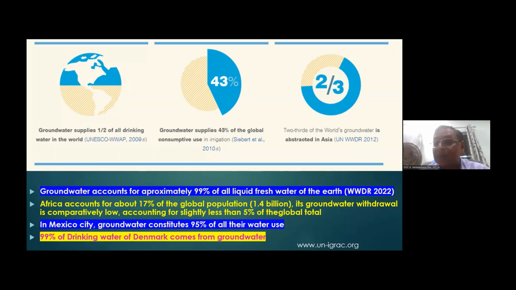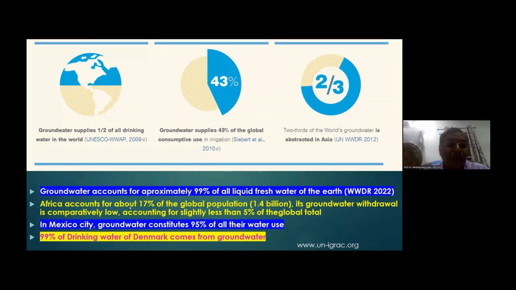This is according to the World Water Development Report 2022. Because most of the surface water is on the polar ice caps, if you take liquid fresh water on the planet, excluding that solid one, then it is almost 99%. So that is the state of the groundwater.